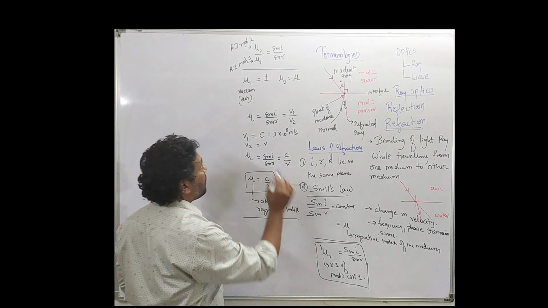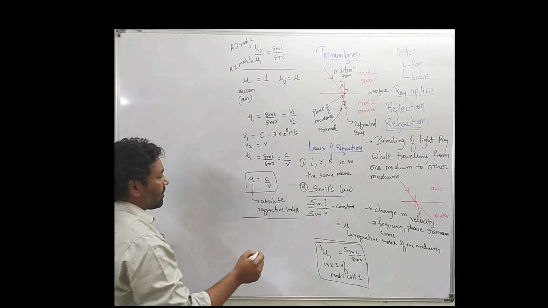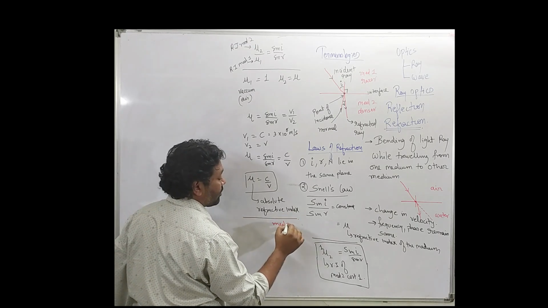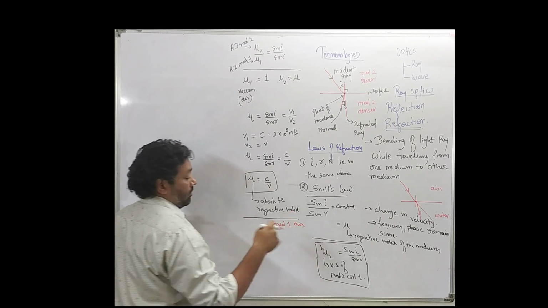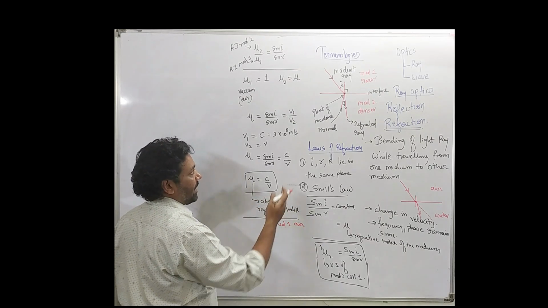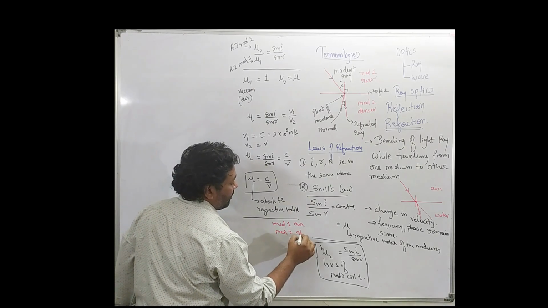Let's take an example to understand the absolute refractive index in a better way. Let's say medium 1 is air. We are calculating the bending capacity, trying to calculate the absolute refractive index. So let's say medium 2 is glass.